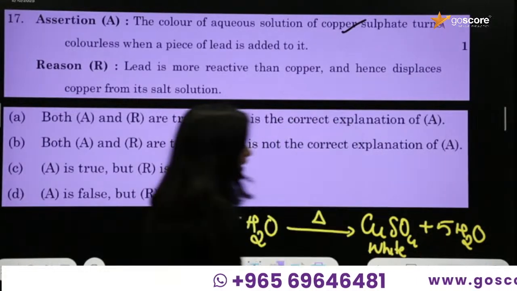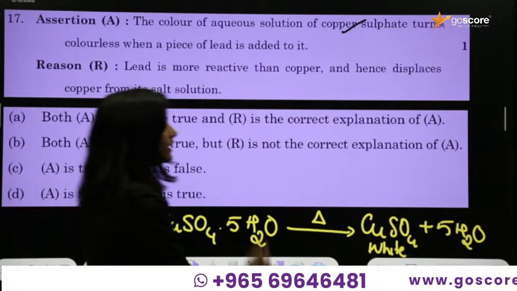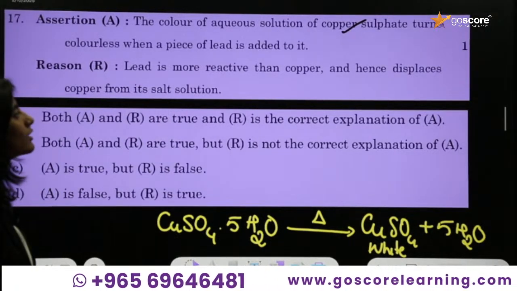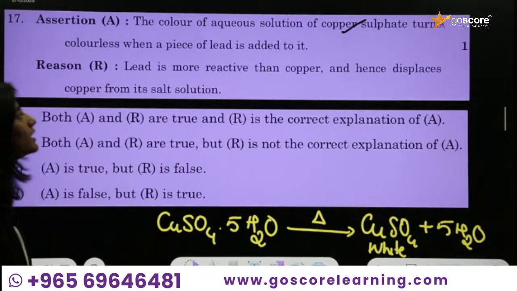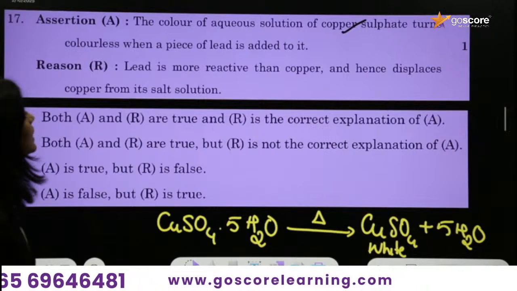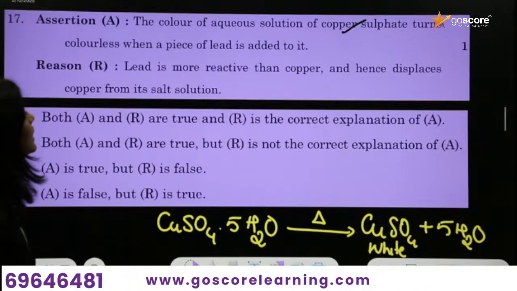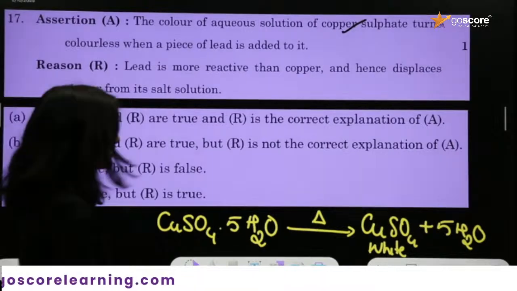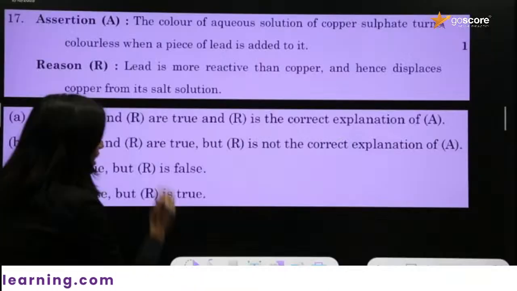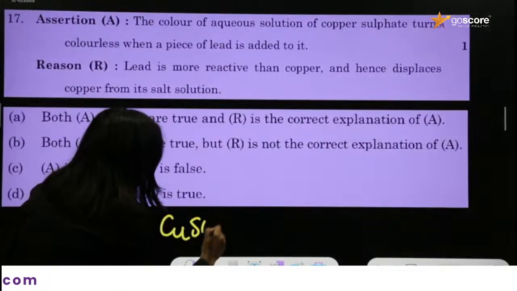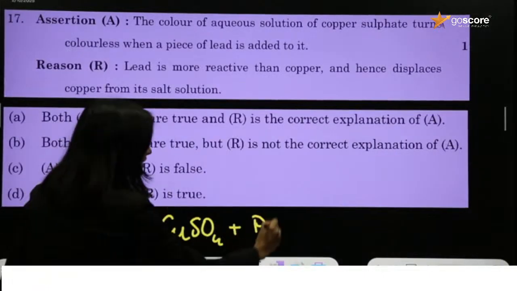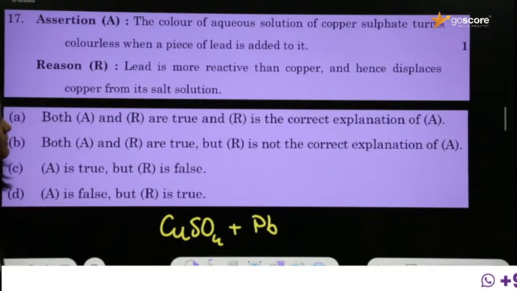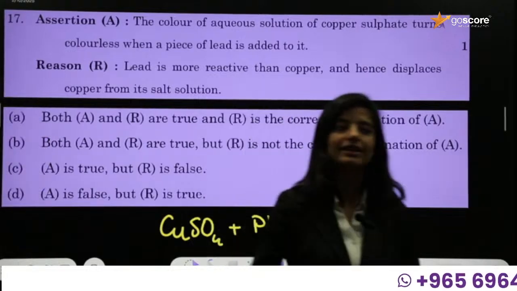Now get back to the assertion. The color of the aqueous solution of copper sulfate turns colorless when a piece of lead is added. They are asking for the reaction with lead, not the thermal one. Hold on, my bad, I didn't read the question. So lead is added to it. Definitely, it is a displacement reaction.